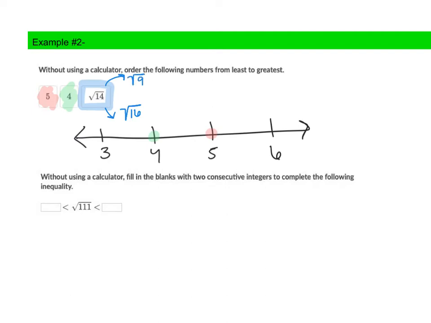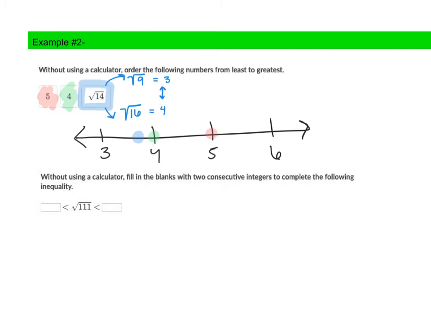Remember that the square root of 9 is 3, and the square root of 16 is 4. Now this is a little bit less than 4. So it's going to be in between 3 and 4. So this blue dot is going to go in between 3 and 4. I'm just going to put it right there.